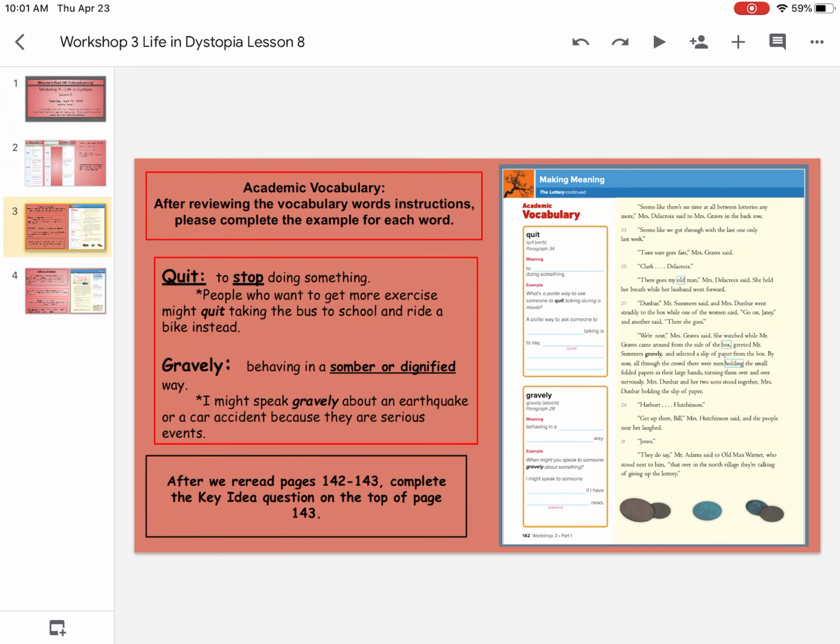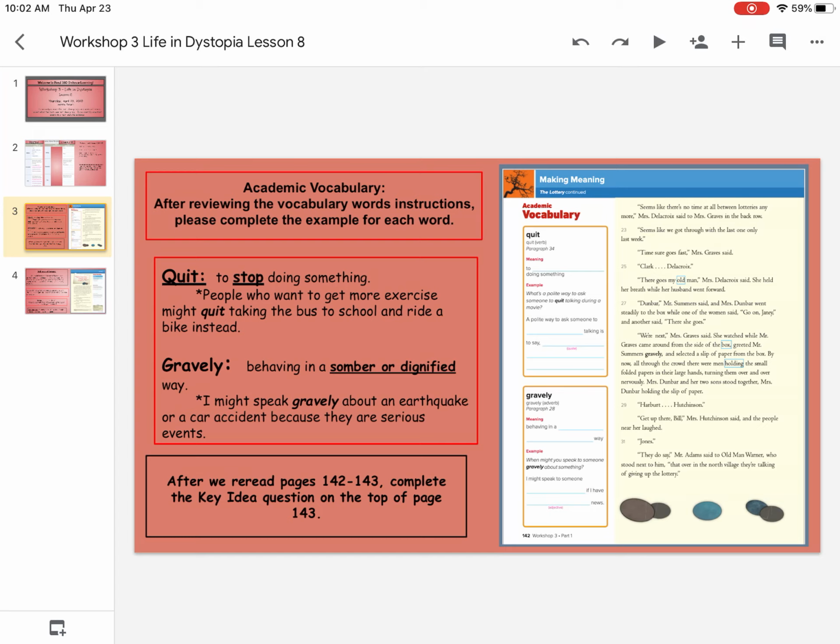Now, the first thing we're going to do is look at the academic vocabulary for these 2 pages. And if you look on page 142, the 2 words we're going to look at are the words quit and gravely. And again, like we did in the previous lessons, I'm going to read the definition, give you the definition, and you're going to complete the example for each of those words.